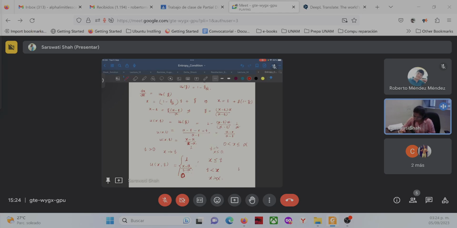So we need to put the condition that t should be less than alpha, and t should be greater than 0, because between 0 and alpha is a small region. So the condition is t is less than x, and x is less than or equal to alpha. So this is defined. Now what will happen when t is greater than alpha? What will happen if t is greater than alpha?